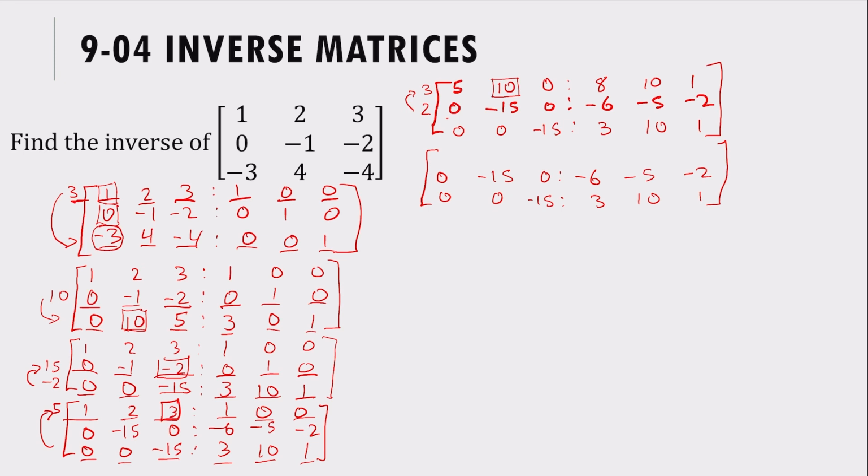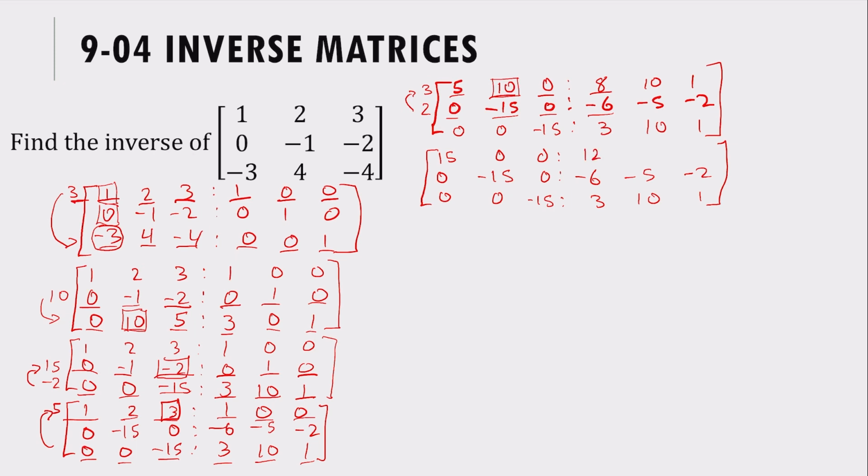First row becomes 2 times 0 plus 3 times 5. 2 times negative 15 is 30. 3 times 10 is 30. You get 0. 2 times 0 plus 3 times 0. 2 times negative 6, that's negative 12, plus 3 times 8 is 24.